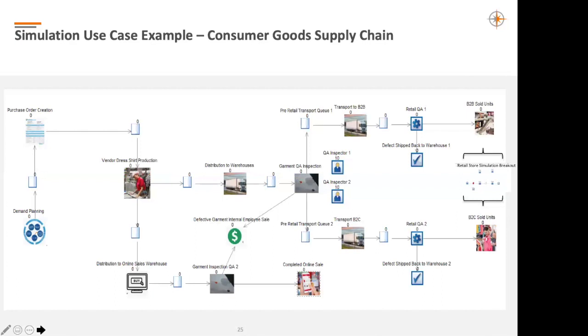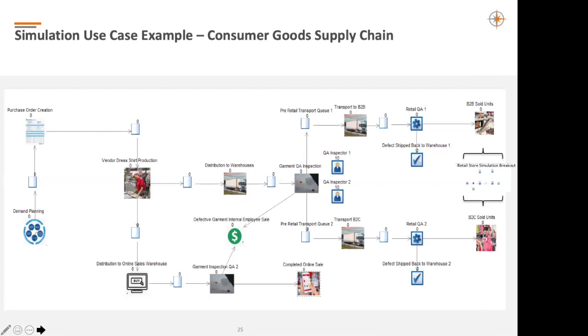One set of warehouses for online sales, another set of warehouses for their actual B2B customers, which might be, you know, Penny's, Macy's, whoever, or their actual stores where they sell their apparel.